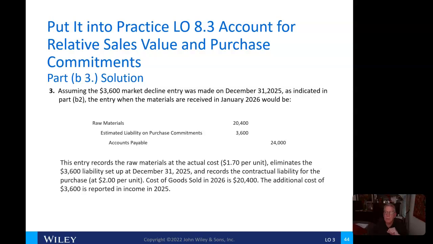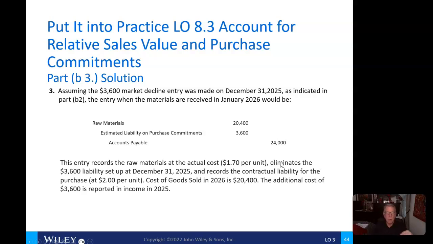Now, assuming the $3,600 market decline was made on December 31, 2025, as indicated in part in Bravo 2, the entry when the materials are received would be: our raw materials are going to be $20,400, and we would set up an estimated liability on purchase commitments of $3,600, and accounts payable then would be $24,000.